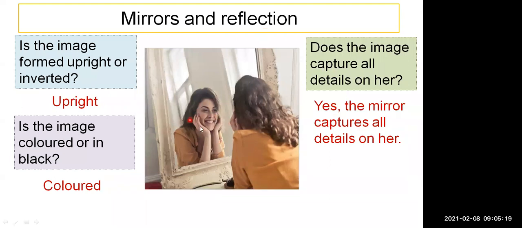It is a sharp image. The size is also the same. You observe yourself in an upright manner, not inverted. We also learned that the image formed is colored. Whatever the color of the object, the same color will be produced on the mirror also.